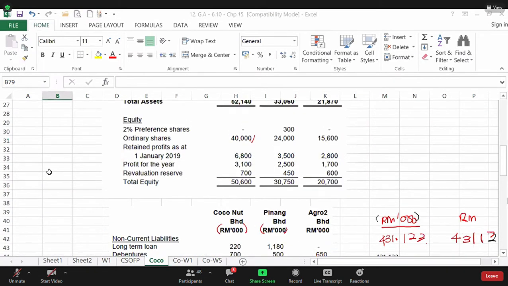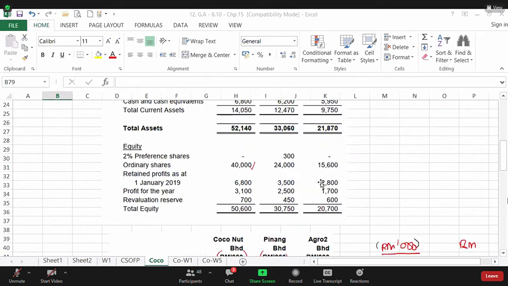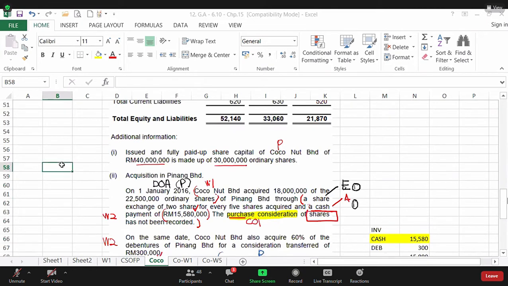Which one? You have to take 2.8 or you have to take 1.7? Or you total up? 1.7 is current year. Now, how to get balance CD, retained profit?